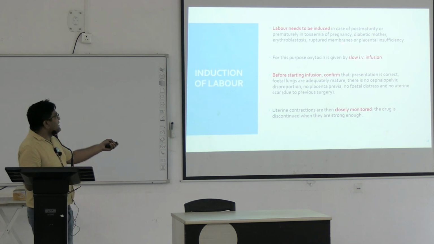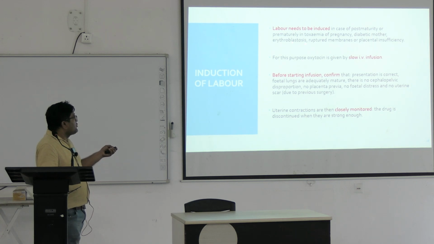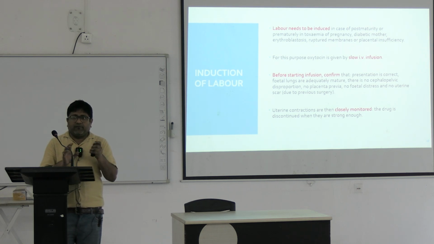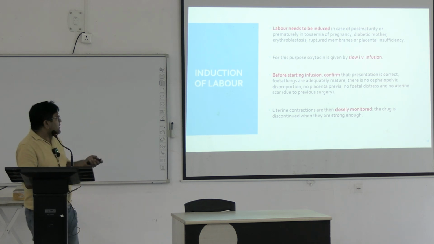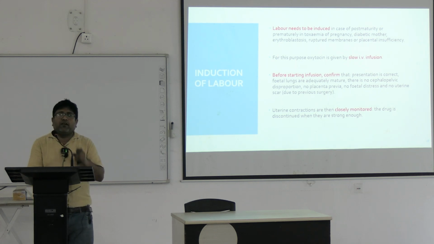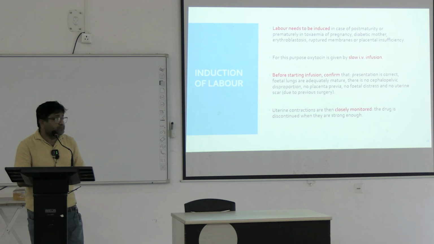In certain conditions like toxemia of pregnancy, when the mother is diabetic, erythroblastosis, ruptured membranes, or placental insufficiency, that requires induction of labor. For this purpose, oxytocin is given by slow intravenous infusion to control the uterine contraction.